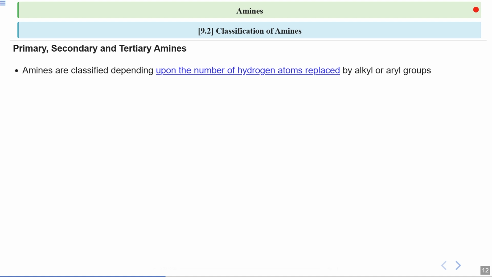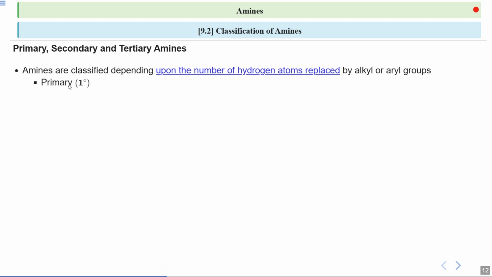So, the key concept here: the more hydrogen atoms are replaced, the higher is the classification. One by one, let's look at it. First, I'm talking about primary amines. Primary amines are often written as 1 degree.